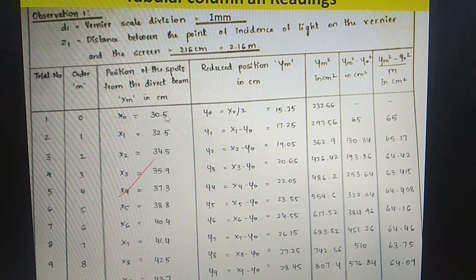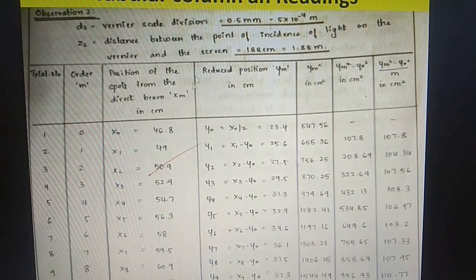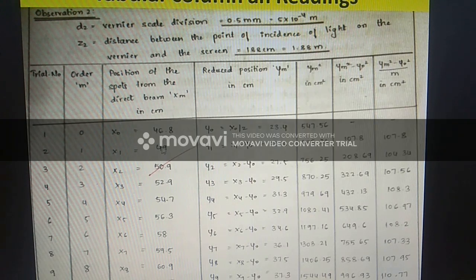Here also it is 2. It is not possible if you are working with the same laser: for 1 mm and for 0.5 mm the same distance will not come. Here for 1 mm, if the difference is 2 centimeter, then for 0.5 mm it should be double, 4 centimeter. Here if it is 47, it should come 51 actually.